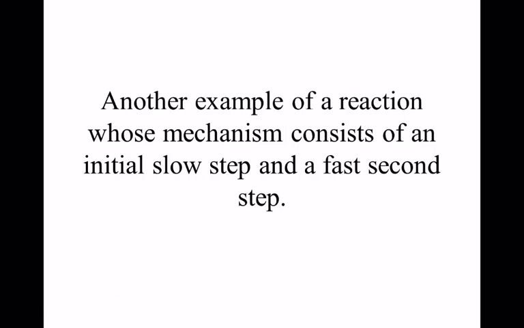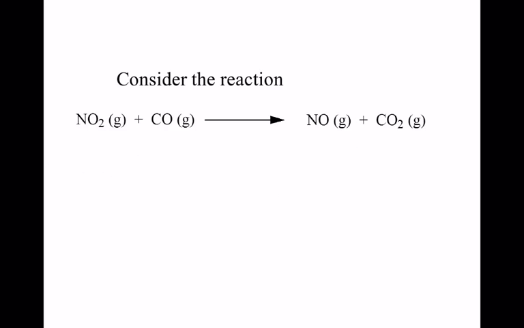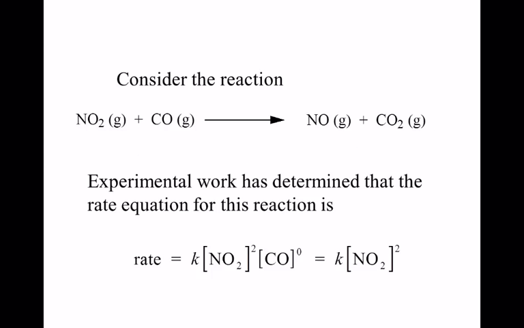Let's do another one. In this one, it's going to be 2 elementary steps again. The first one's going to be slow, and the second one's going to be fast. Okay. So in this one, we have 2 reactants, NO2 and CO, and this is the rate law expression for the overall reaction of interest.